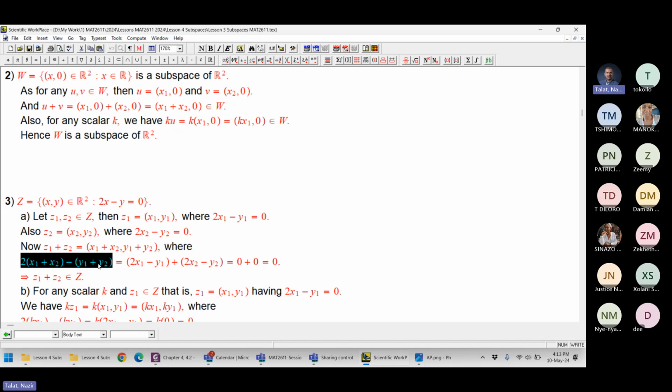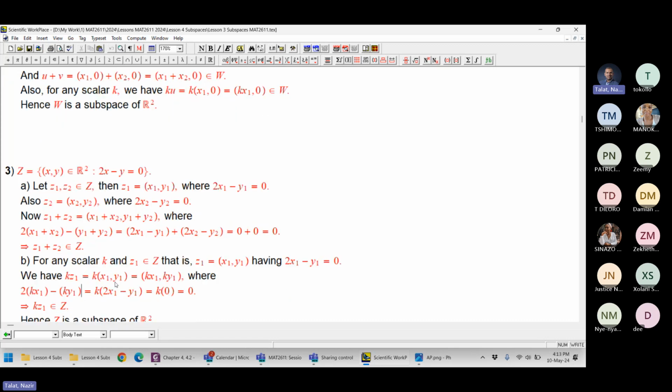It means this form of condition is satisfied, that this expression is equal to 0, which means z1 plus z2 belongs to Z. Now if we multiply any scalar k with z1, then k times z1 is equal to (kx1, ky1).